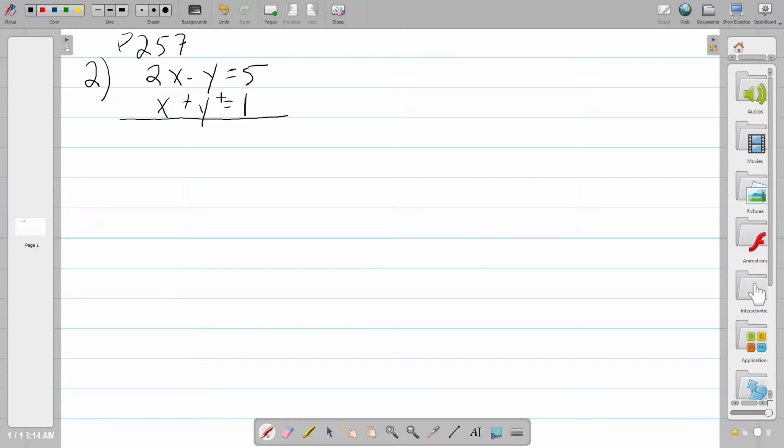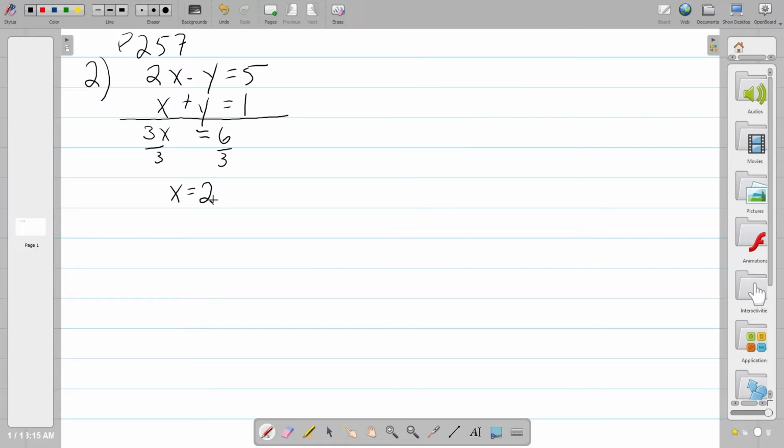We have a negative y and a positive y. So we can just add. 2x plus 1x is 3x's. Negative y plus y is nothing. 5 plus 1 is 6. So we have 3x equals 6. We'll divide out that 3 from both sides, and we have x equals 6 divided by 3 is 2.